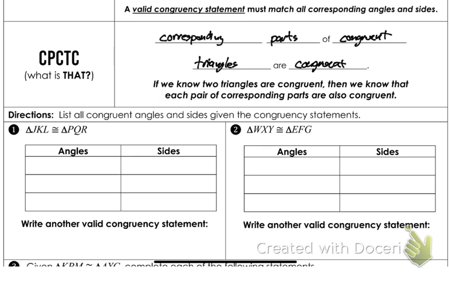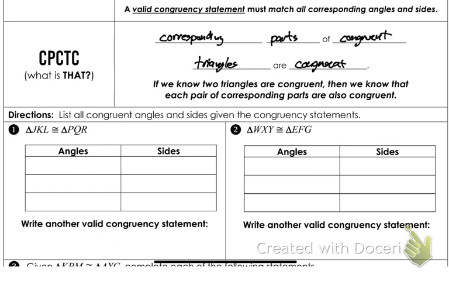Now, what CPCTC does for us is if I tell you JKL is congruent to PQR, you can list all of the angles that need to be congruent, and you can list all of the sides that need to be congruent. And you actually know which ones need to be congruent. J is our first letter, right? What's our first letter of our other triangle?